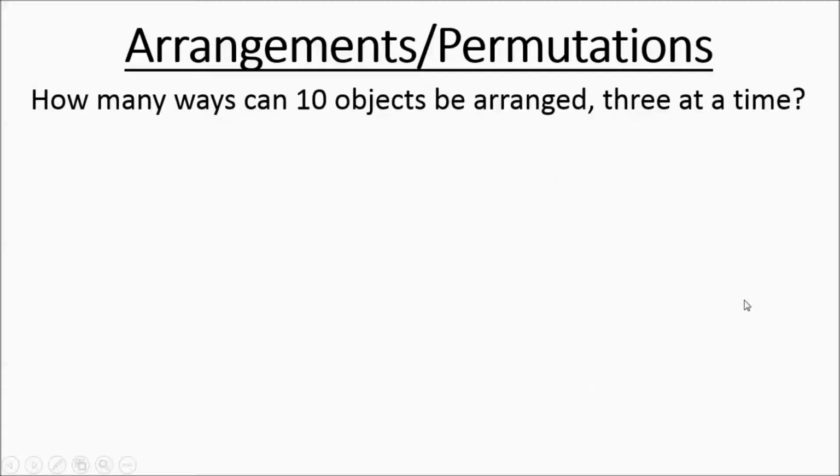Alright. How many ways can 10 objects be arranged 3 at a time? Let's say you have 10 people in a group and you want to arrange them in groups of 3. How many different groups of 3 can you make? That's what they're asking. So now we're only going to lay out 3 spots. For this first spot, you'll have 10 choices. After you pick one person or an object from that group, you'll have 9 left over.